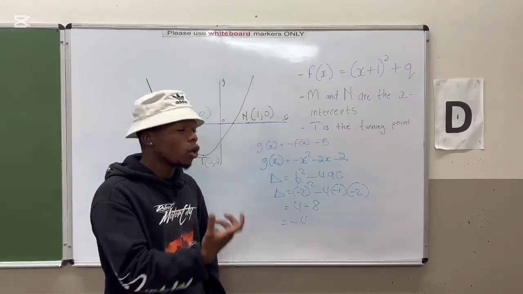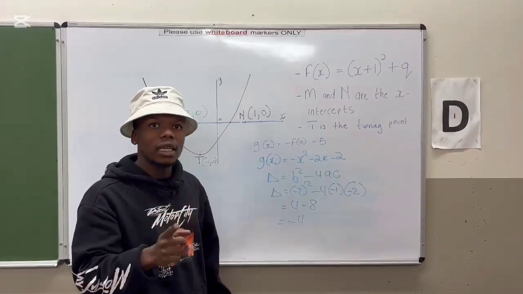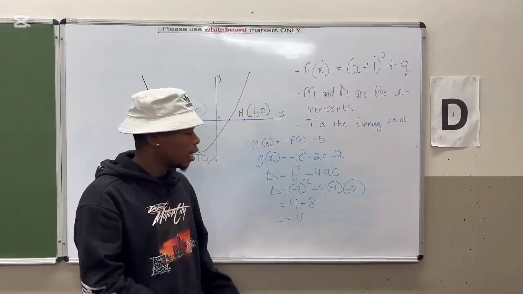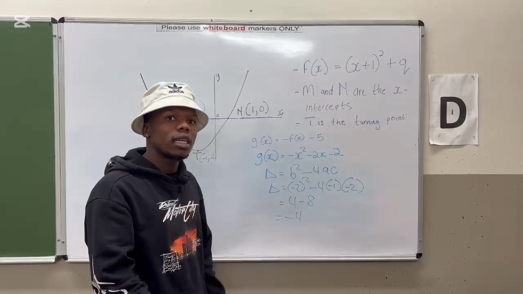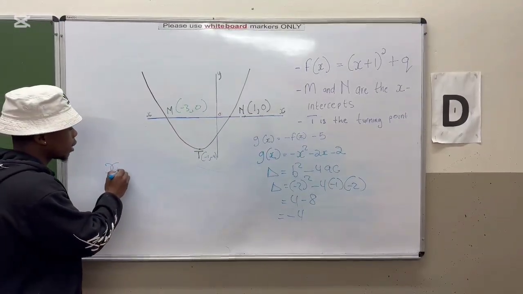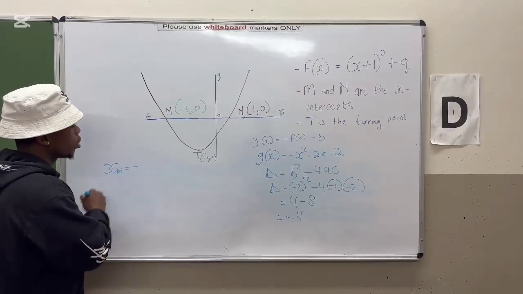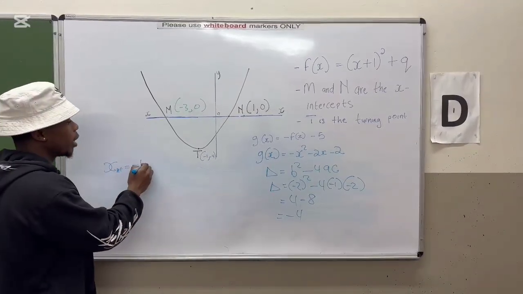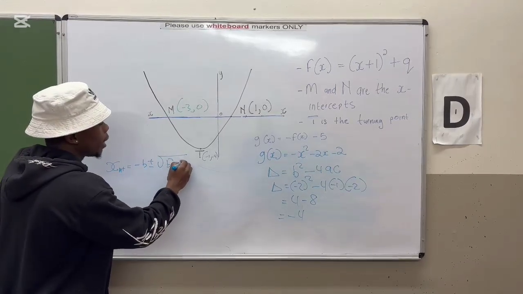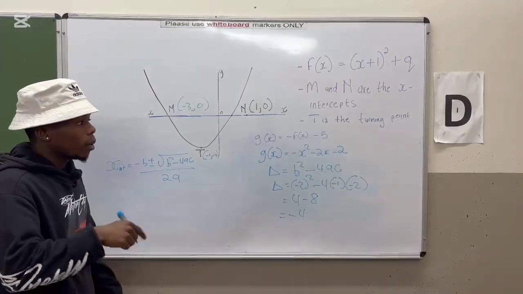But if the discriminant is minus 4, remember something, I can't get the roots of the equation, because the discriminant is inside the square root, and you can't have a negative inside the square root. Remember when you are calculating the x-intercept of the parabola, which are the roots of the function, you said the x-intercept is equal to minus b plus or minus the square root of b squared minus 4ac, all over 2a.